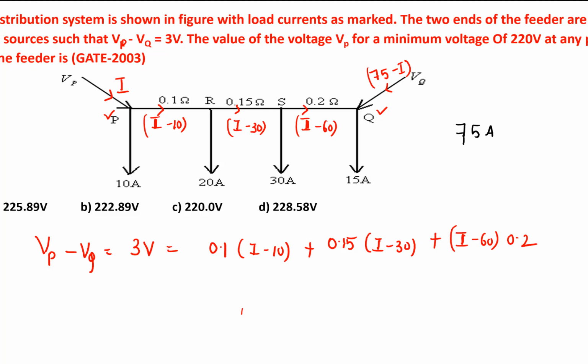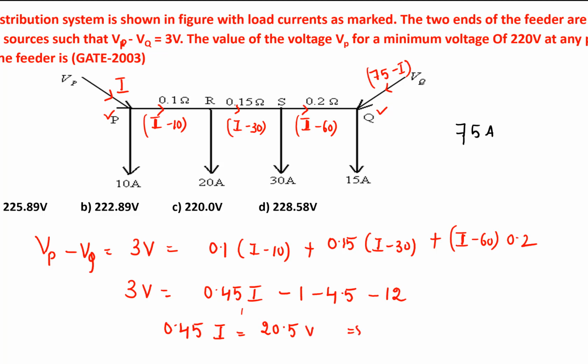If you do the simplification, what are you going to get? 3 volt is equal to 0.45 I minus 1 minus 4.5 minus 12, which implies 0.45 I is equal to 20.5 volt, which implies I is equal to 20.5 divided by 0.45.